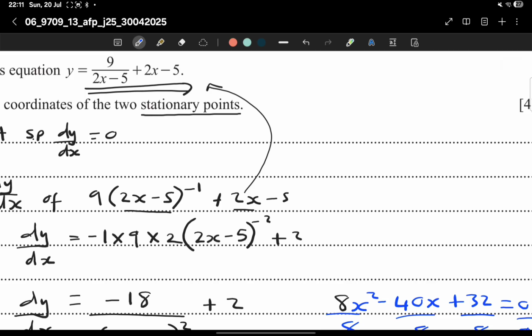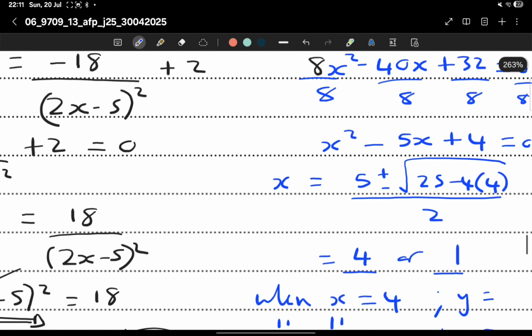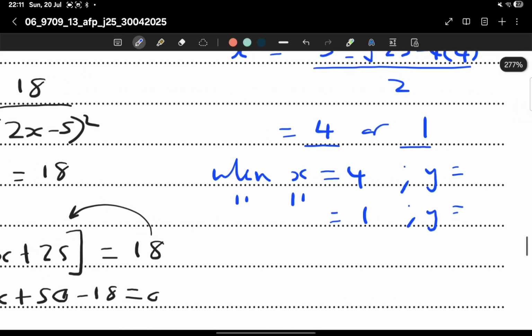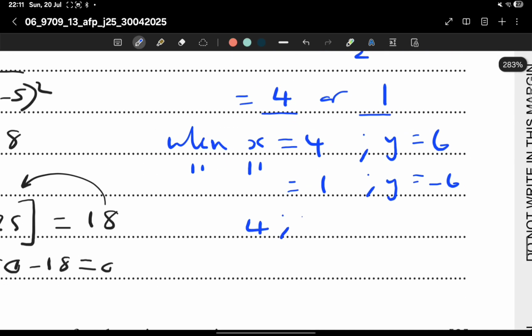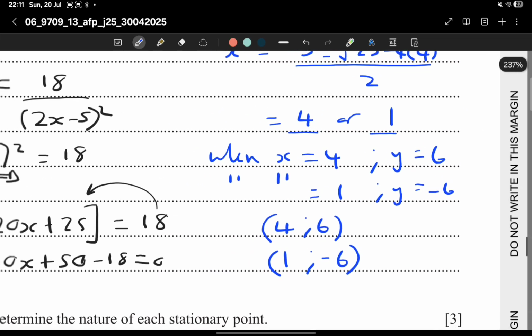Substituting 4, we get y to be 6, and substituting 1, we get y to be minus 6. So the coordinates will be (4, 6) and (1, minus 6).